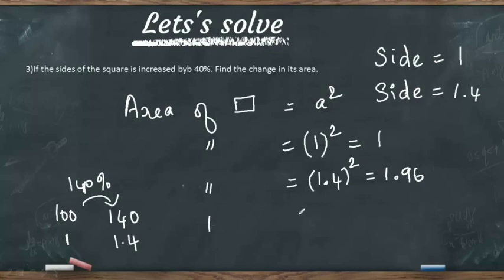So from 1 to 1.96, the change in area is how much? 0.96 or 96%. The step-by-step procedure is for you to understand it completely, but it shouldn't take this much time for solving this kind of problem. So the change in its area is nothing but 96%.